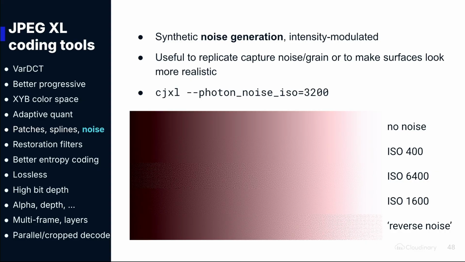So we can synthetically generate noise instead of trying to reproduce it pixel-exactly. This is also something that the encoder currently doesn't do. You can manually activate it, but the hard part would be to subtract the original noise from the image, and that it doesn't do yet.